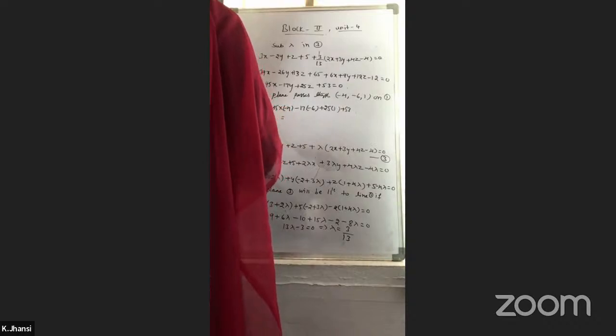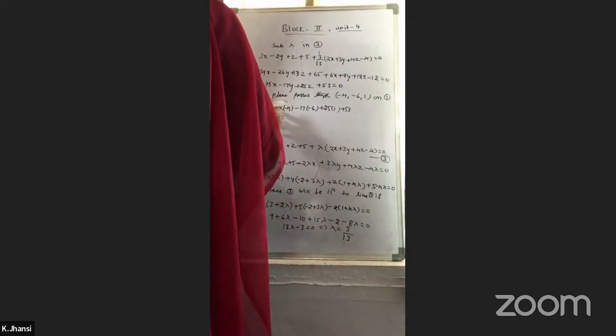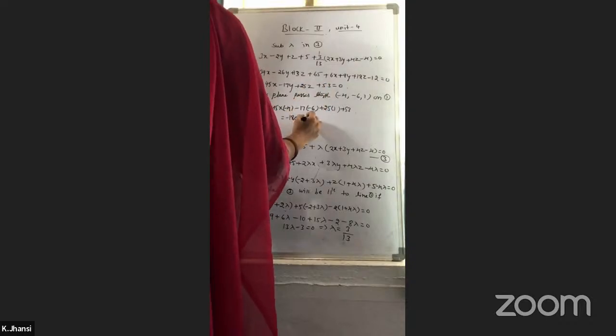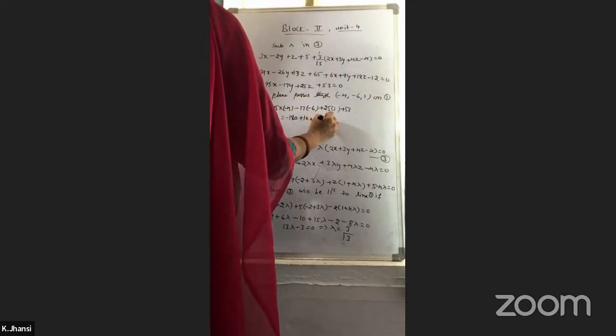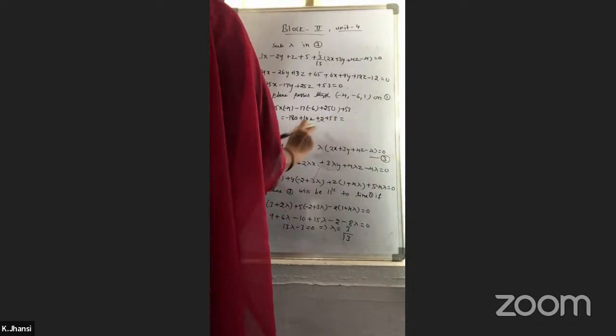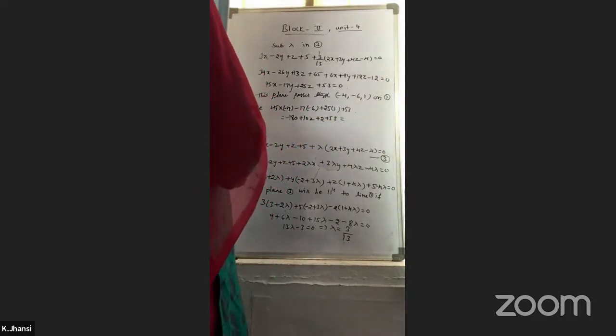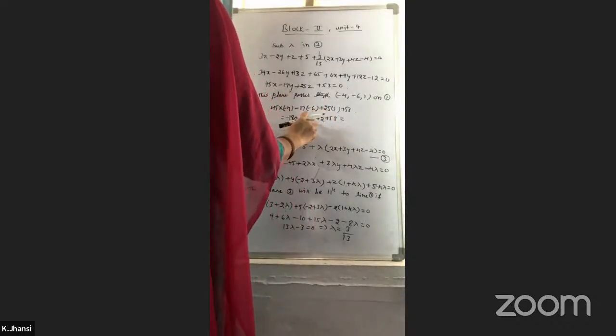Okay. So 5 4s are 20, so minus 180. Minus into minus is plus, 6 7s are 42, so 102. And this is plus 25 plus 53.